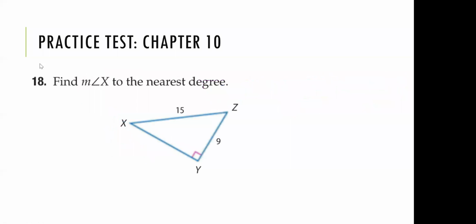So here, this right triangle says to find the measure of angle X. So we're looking for this angle here. Well, we're looking for that angle, and we have the opposite value, and we have the hypotenuse.